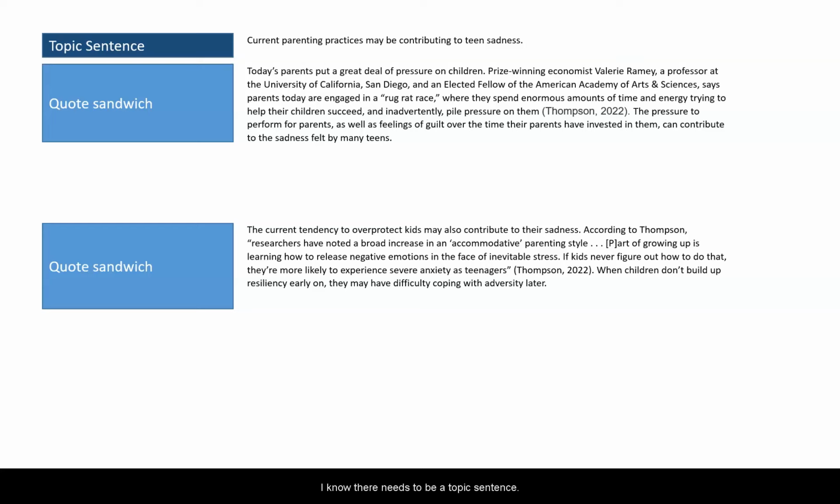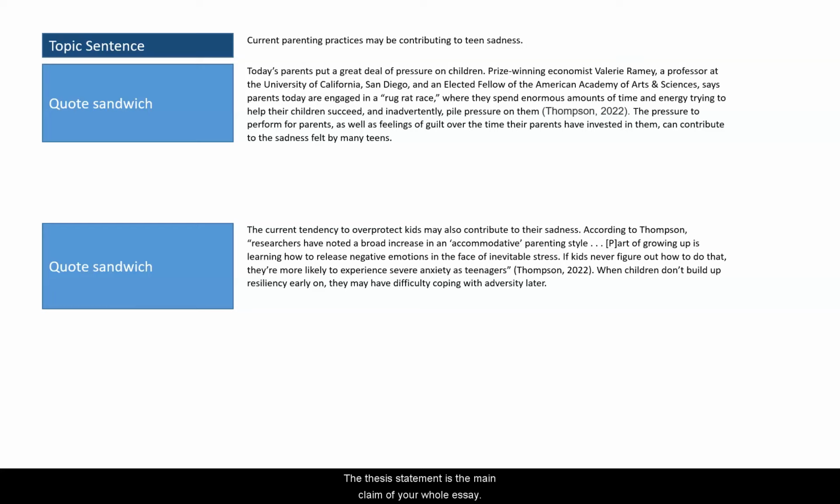I know there needs to be a topic sentence, and I know that academic paragraphs also end with a closing sentence that repeats the idea in the topic sentence. The same thing happens, you'll recall, in your essay with the thesis statement.